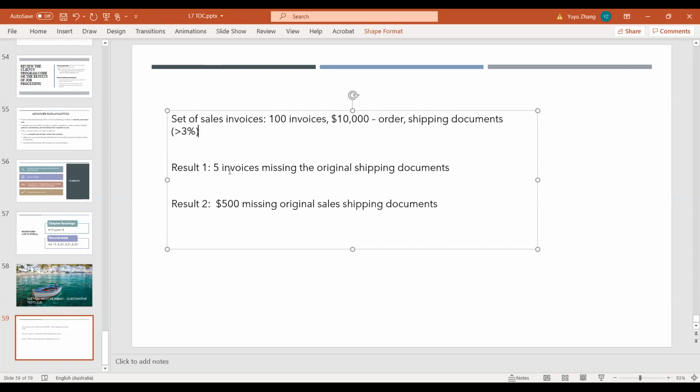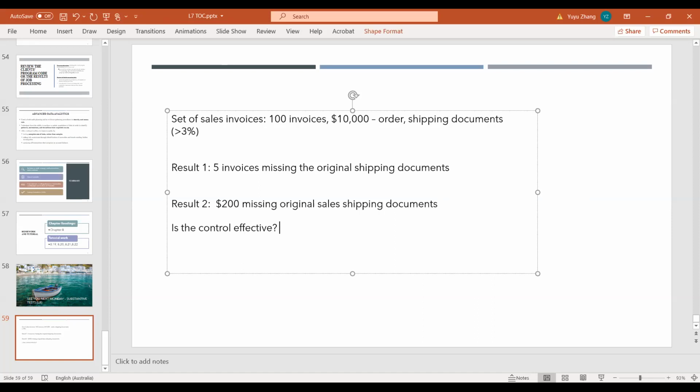So based on these results, that's 5 invoices missing, so 5 shipping documents missing, in relation to $200. Can you make a judgment? Is the control effective or not?